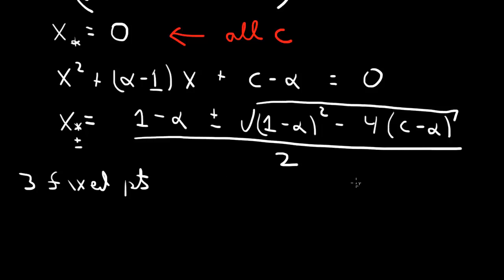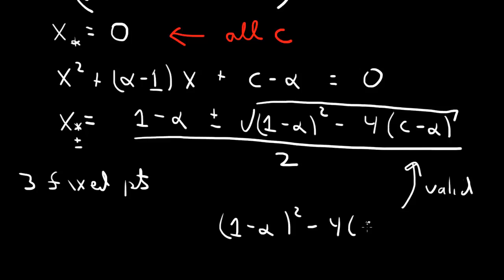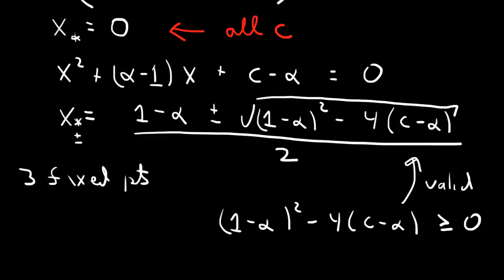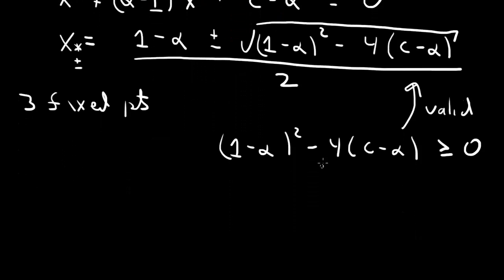So this thing here is valid only when this is greater than 0. So (1 minus alpha) squared minus 4(c minus alpha) is greater than or equal to 0. When is this valid for c?